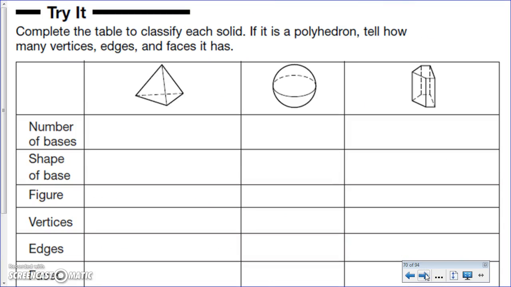In the try it here, they want us to complete the table to classify each solid. If it is a polyhedron, tell how many vertices, edges, and faces it has. So if we look at our first shape here, the first thing it's asking us is the number of bases. In this case, we have 1 base.